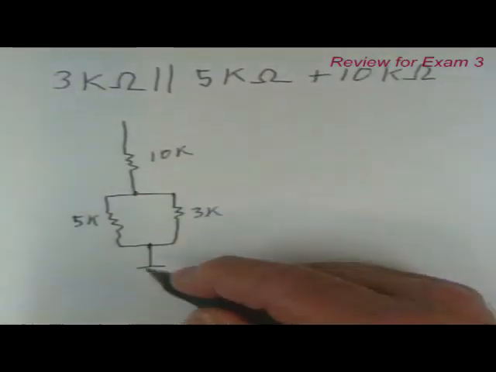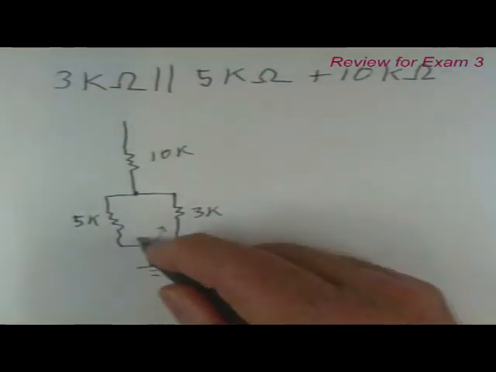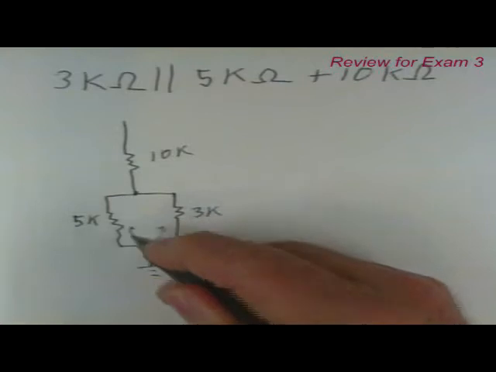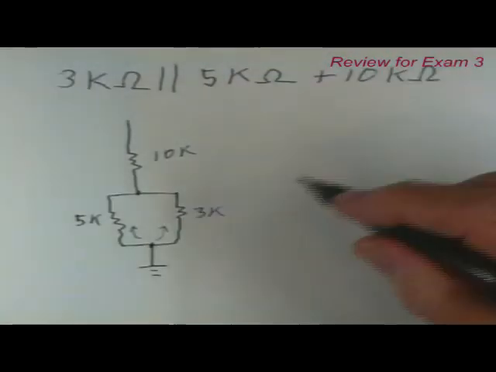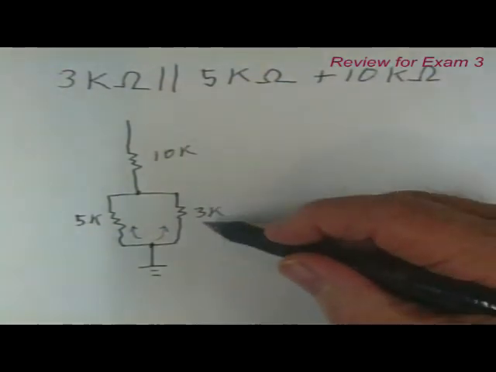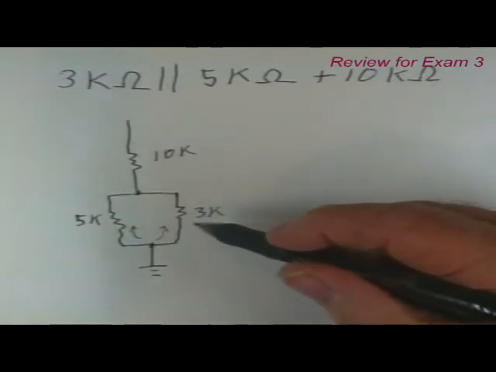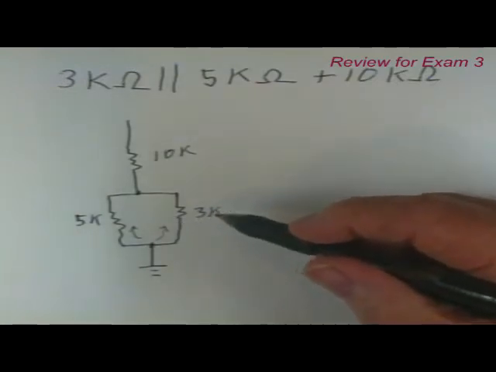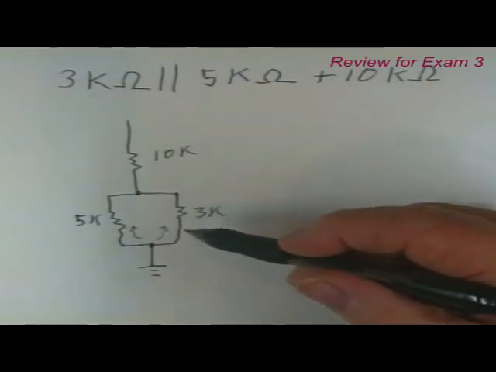And the current entering the node here is going to split, and it's going to split up to the 5K. And what it's going to be dependent upon is the resistance. Ohm's law will hold in these two cases. Now, a little later, I'm going to give you a voltage divider formula, and I'm going to give you a current divider formula.